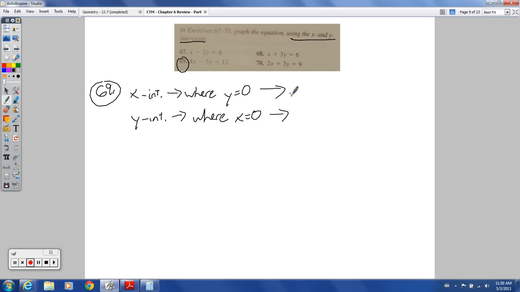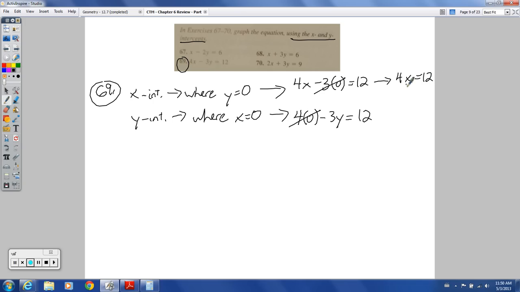And so here I would have, for the x-intercepts, 4 times x minus 3 times 0 equals 12. And then here I would have 4 times 0 minus 3y equals 12. So in both cases, this would drop out here, this would drop out here.